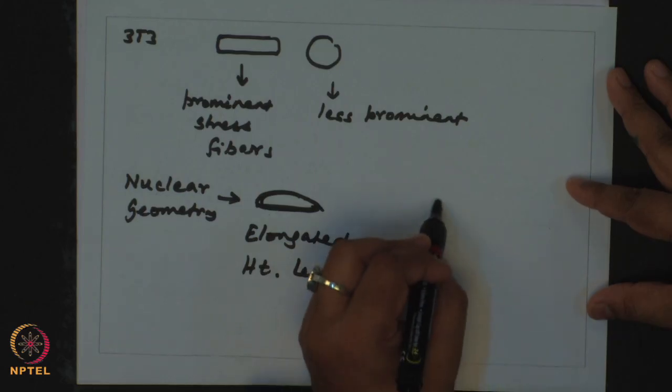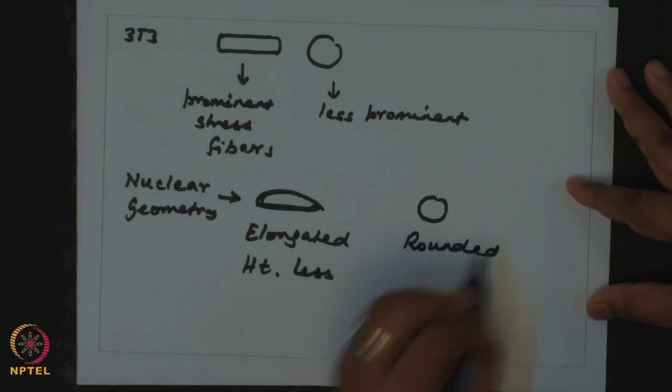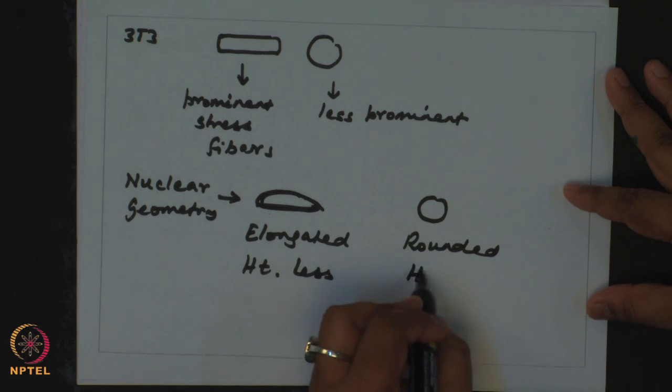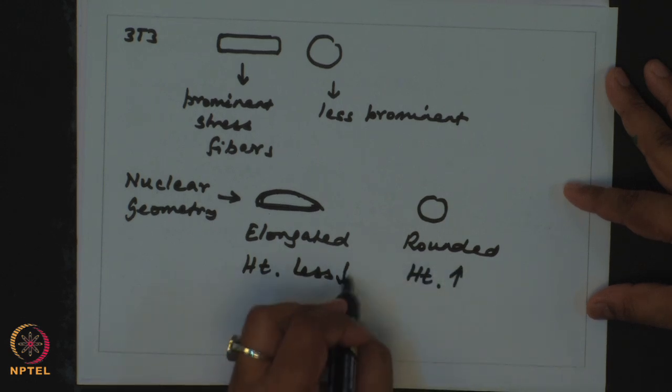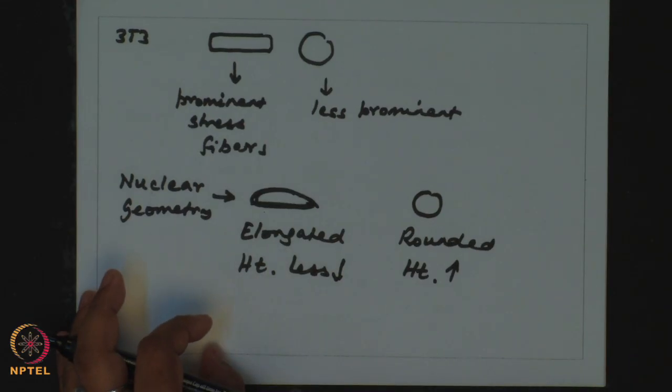Here for the rounded geometry, you would assume that the nucleus would also be rounded, and its height will be more. So, this is less, this is more. Given this, they next asked, okay, this is static shape. How does the nuclear dynamics change?